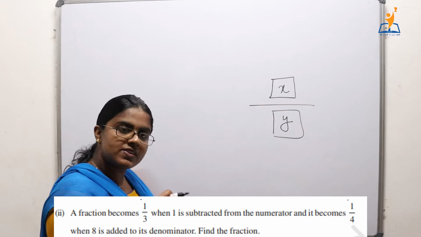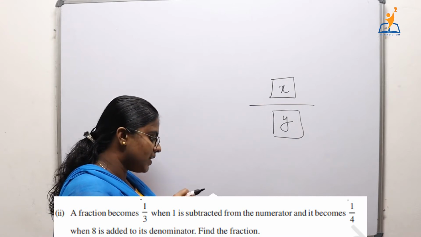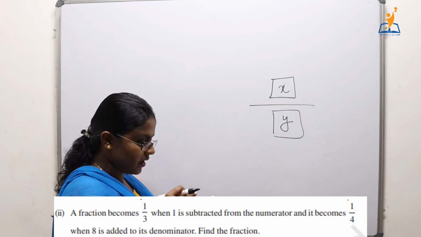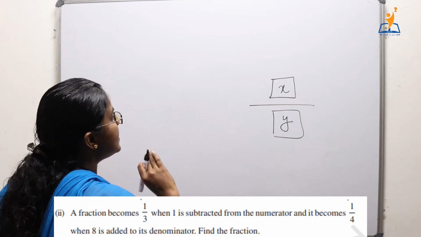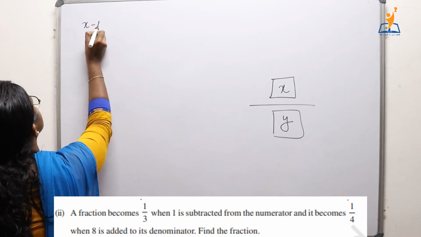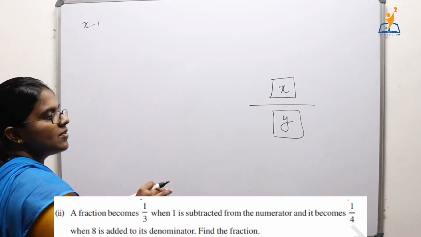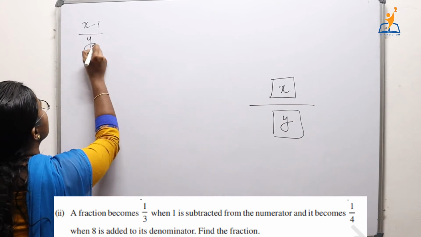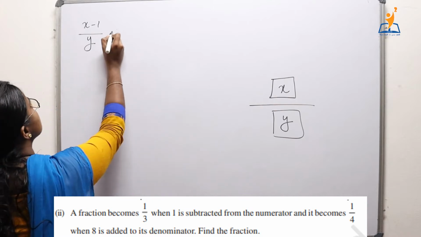So the conditions given are, a fraction becomes 1 by 3 when 1 is subtracted from the numerator. If 1 is subtracted from the numerator, that is x minus 1, and denominator remains the same. What happens to the fraction then?